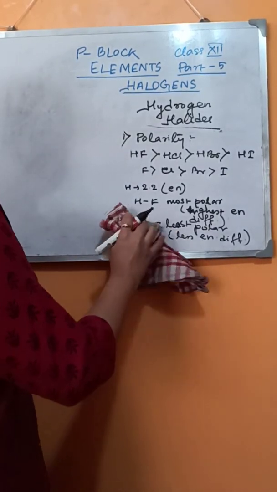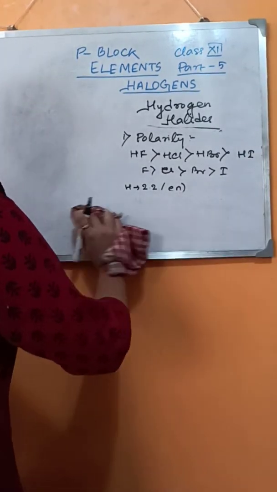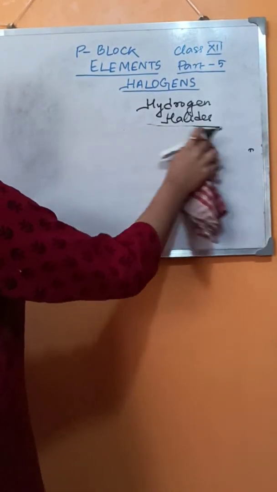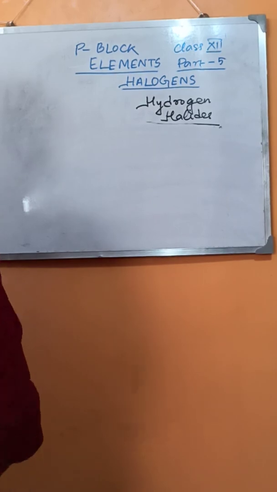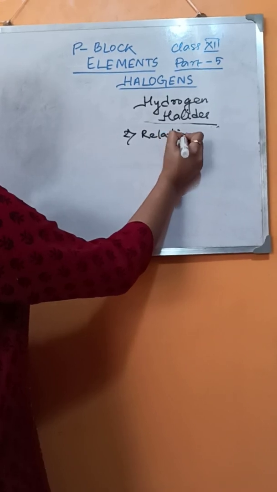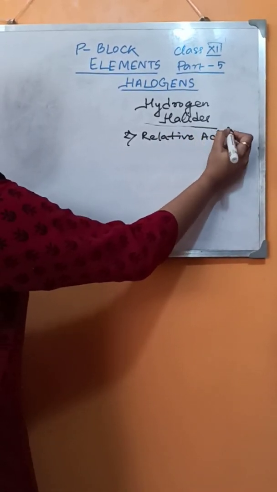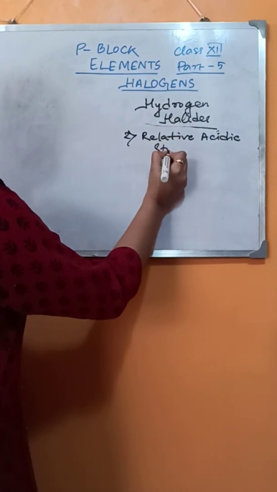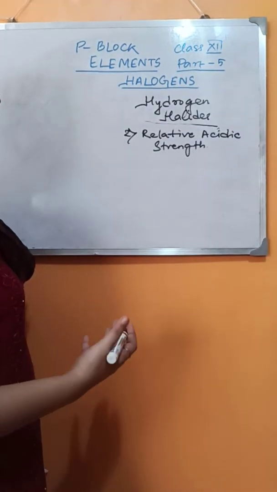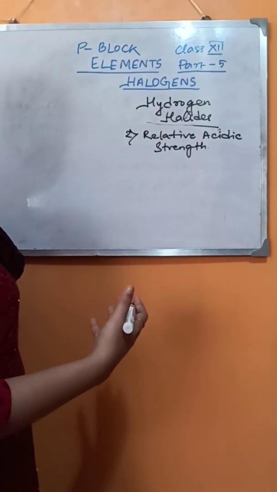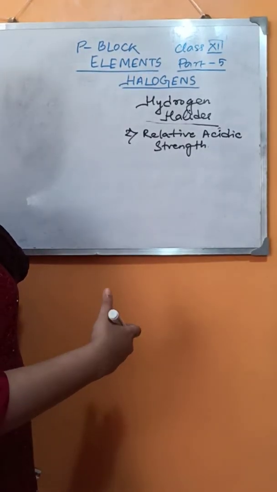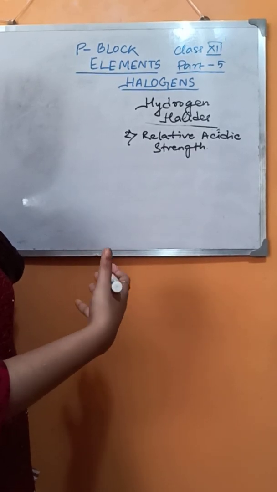Next I'll come to the acid character or the relative acidic strength. This is another important character. You all think that the more the polarity of a bond, the more the acid character of that molecule.